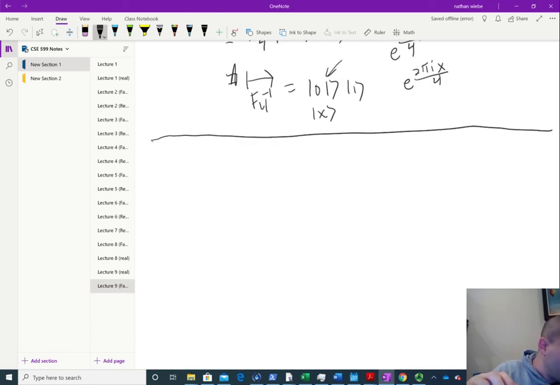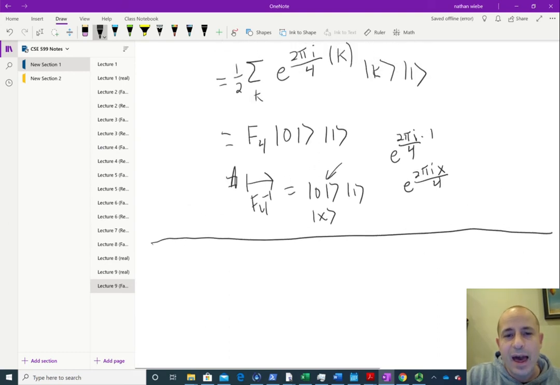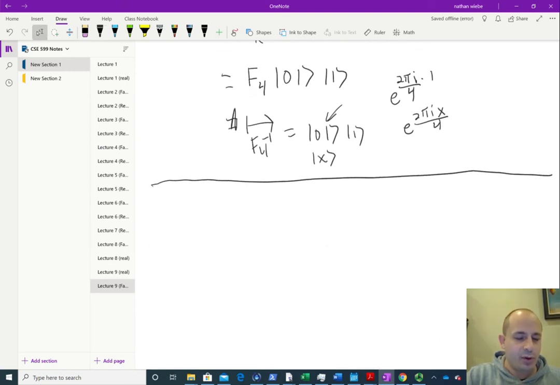Now, let's generalize this. So we've seen some intuition for how the quantum Fourier transform can end up estimating eigenvalues of given inputs.